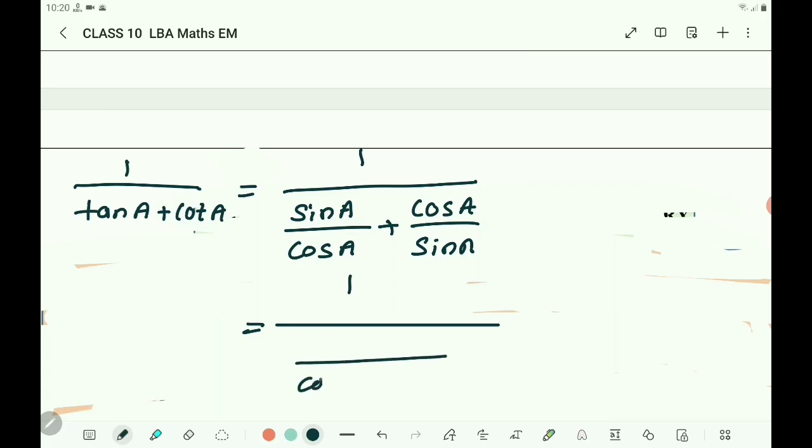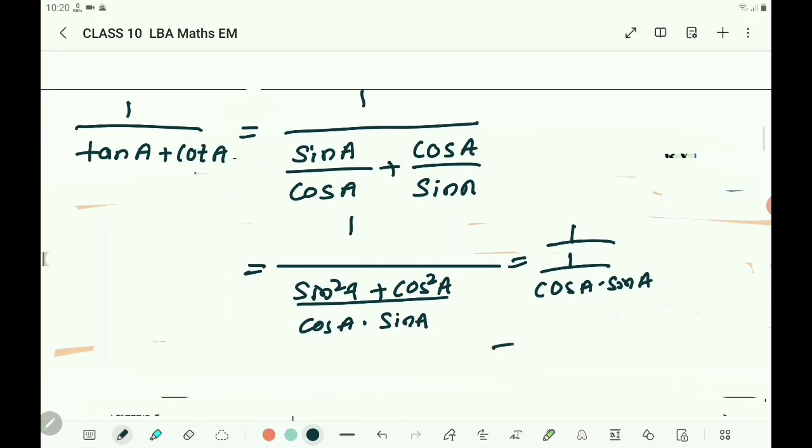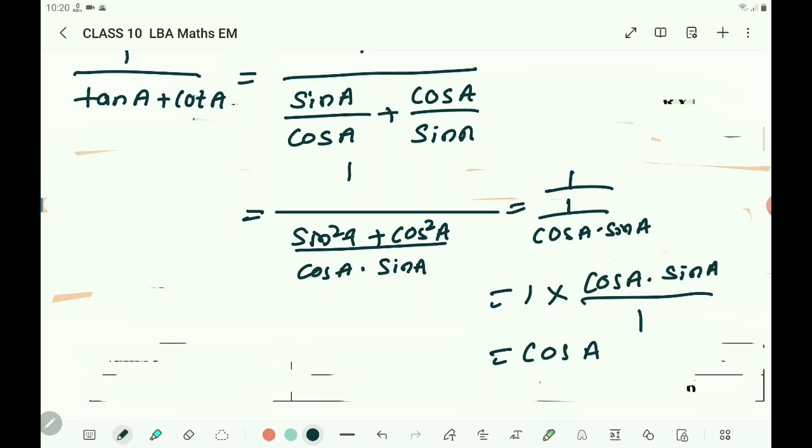LCM is cos A into sin A. Then it becomes sin A into sin A plus cos A into cos A. Sin A into sin A is sin square A plus cos square A. And here you know that sin square A plus cos square A is 1. 1 by 1 by cos A into sin A, which equals 1 into, take the reciprocal of this one, cos A into sin A by 1, that equals cos A into sin A.